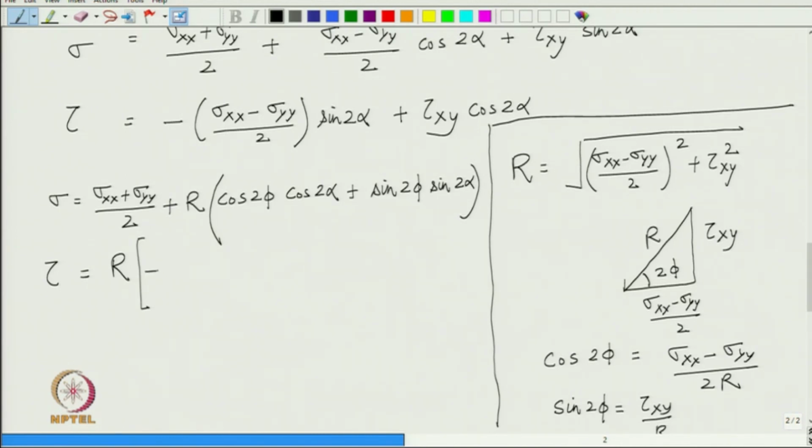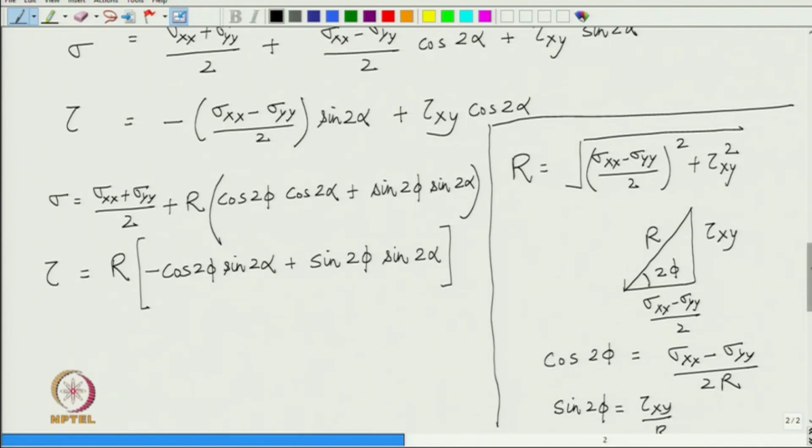So, we get minus cos 2 phi sin 2 alpha, and from the second one we have tau x y by r, that sin 2 phi sin 2 alpha, is not it?